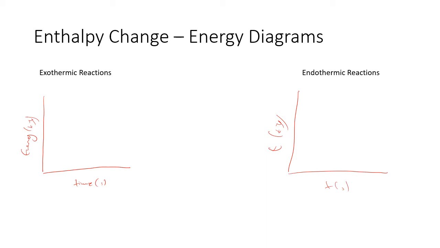Now, before we draw anything, before we put pen to paper, let's actually think this through. Let's actually realize what's going on here, okay? So we've got the reactants. The basic principle of a chemical reaction is that we have the reactants being, well, reacted to form the products. Now, let's think of this from an energy standpoint.